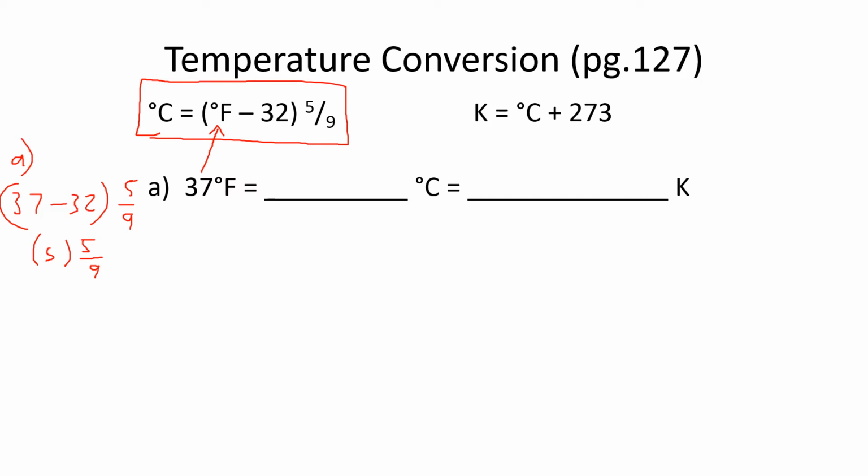So all I did was 37 minus 32. So anywhere there is an F, you just plug in the 37 right there. So now we have 37 minus 32, which equals 5. So what is 5 times 5/9?